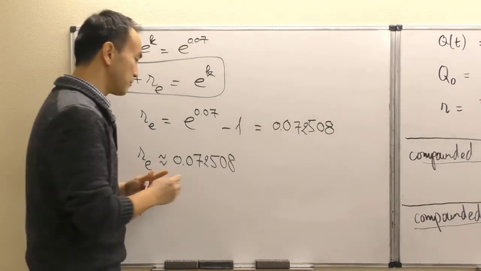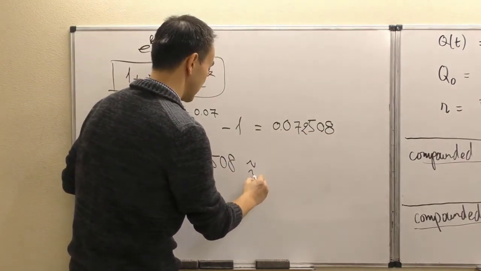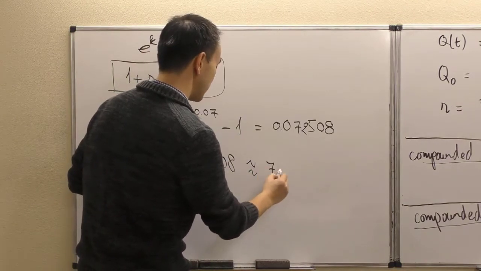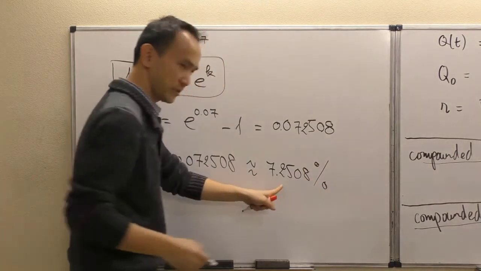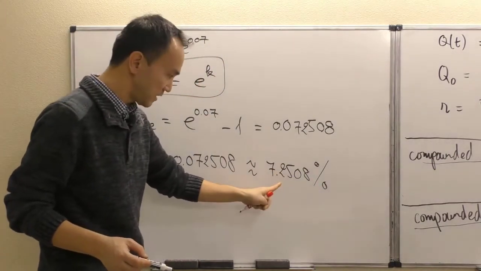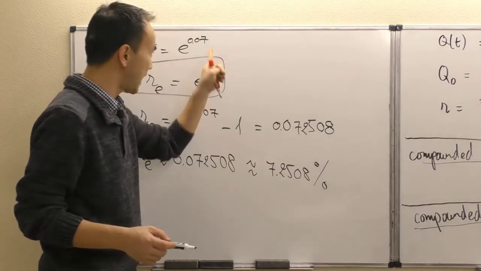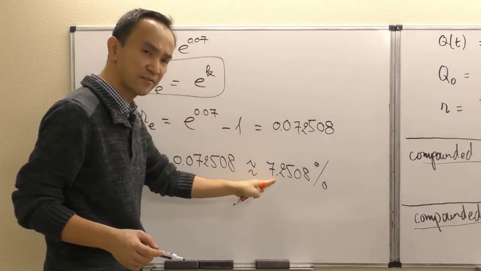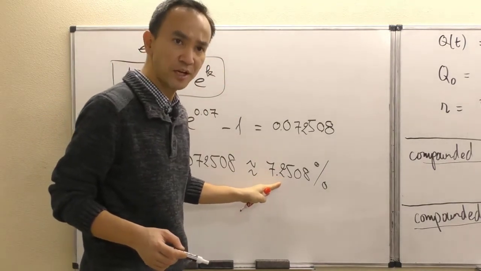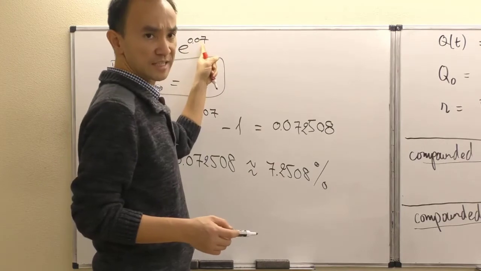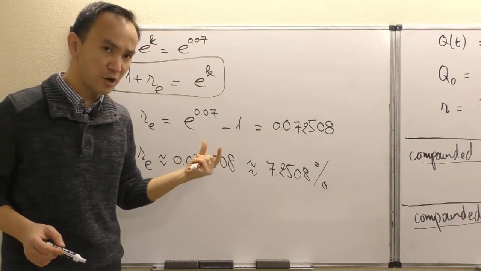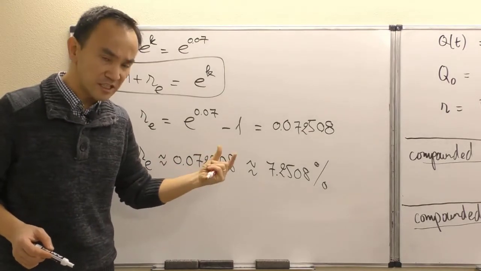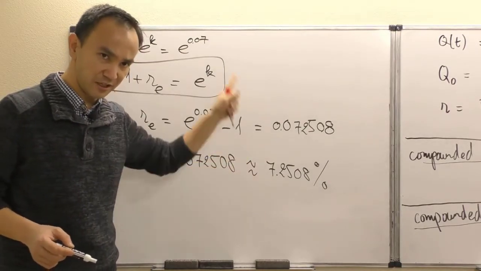In percentage, it's 7.2508%, which, in the world of making money, is a higher percentage than 7%. This is already at least 7.25%, where the other is exactly 7%. So we saw a noticeable difference between effective rates and nominal rates.